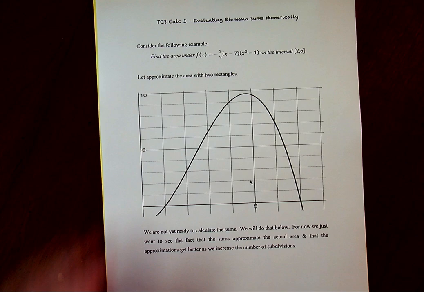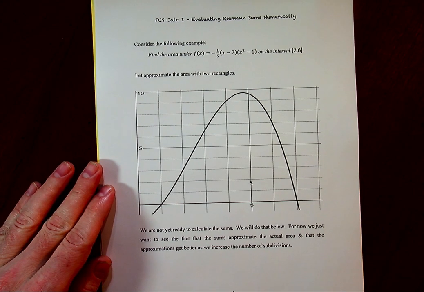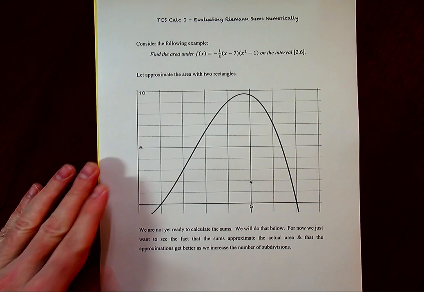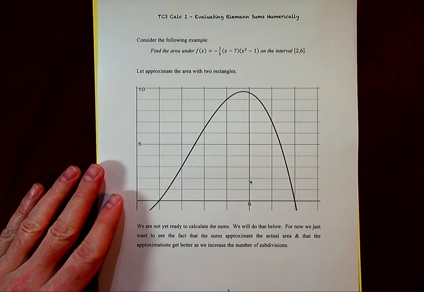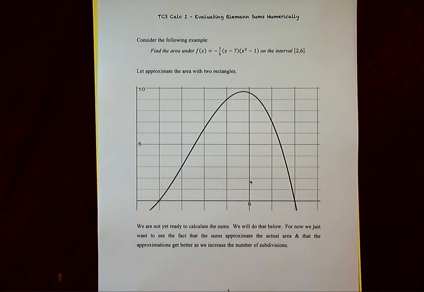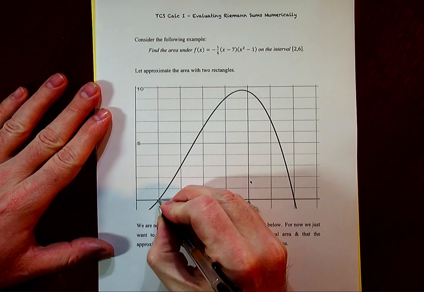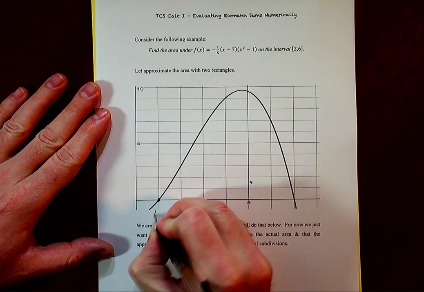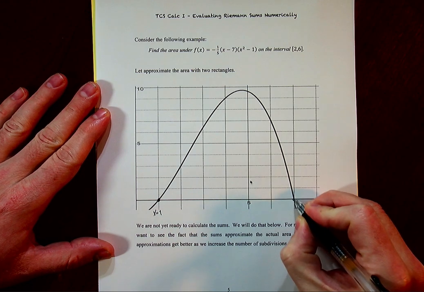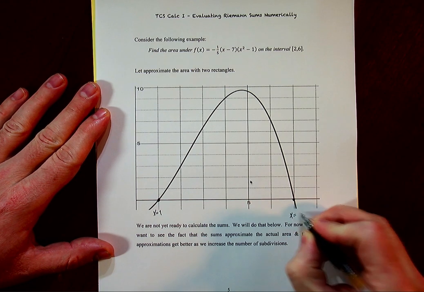This is obviously a cubic, okay, and let's say we're asked to find the area under the curve of f(x) = -1/5 (x - 7)(x² - 1). And I've left it in factored form because I wanted you to be able to see very clearly why you have a 0 here at x = 1, and why you also have a 0 here at x = 7.